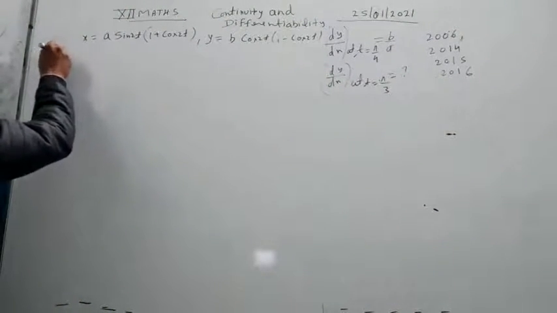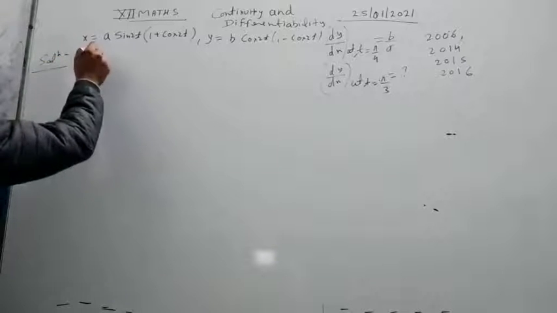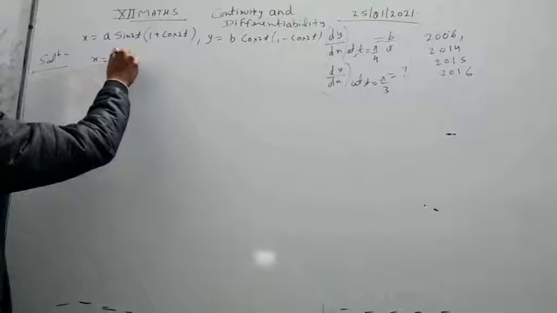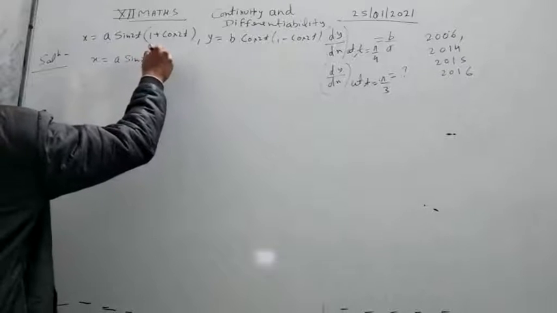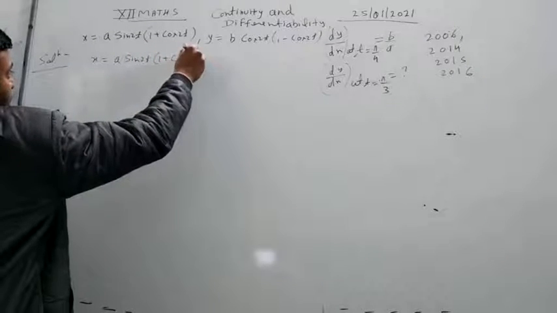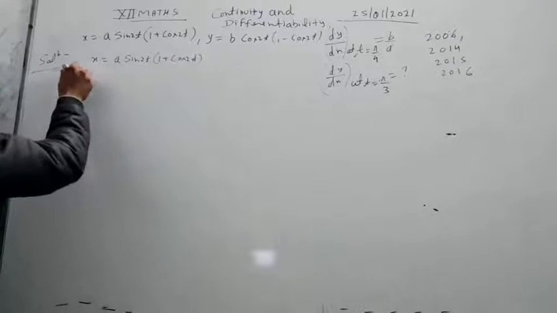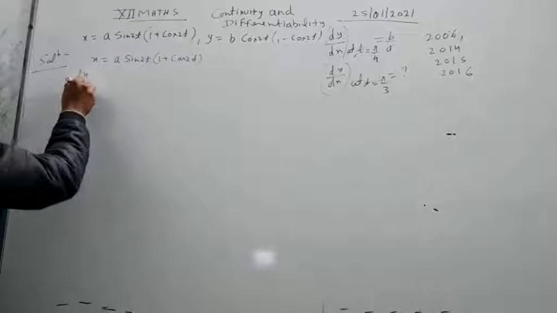So the solution is: take x is equal to a sin 2t into 1 plus cos 2t. First of all we differentiate this with respect to t.